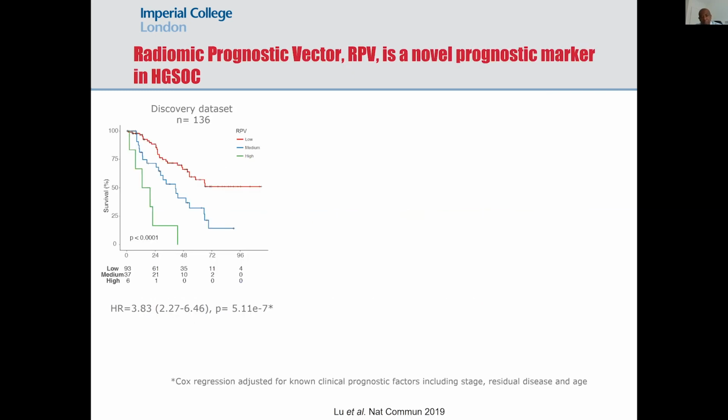And that vector with the k-means clustering allowed us to define decision boundaries, and those decision boundaries were a high, a low, and some kind of intermediate group. So in the discovery data set, we saw a distinct difference between the groups.